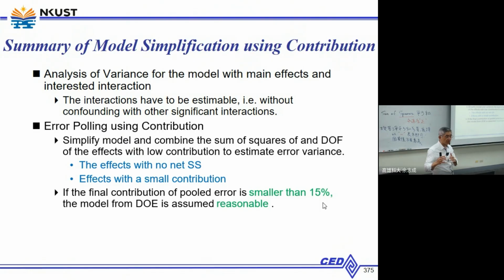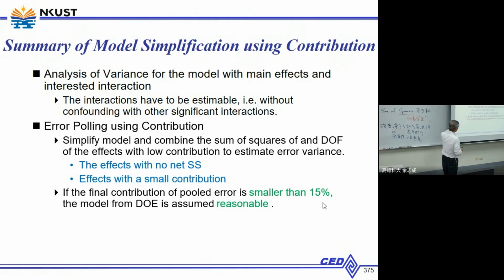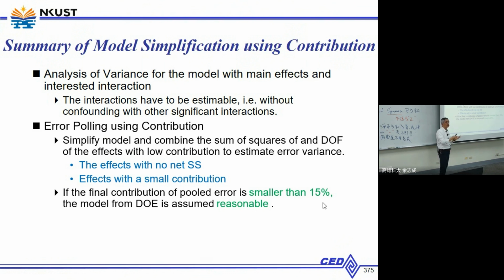Because we are using the experimental design to find out the optimum combination, right? And even though in this case we only consider 2 effects, we can still use a small experimental cost to come up with the optimum design.